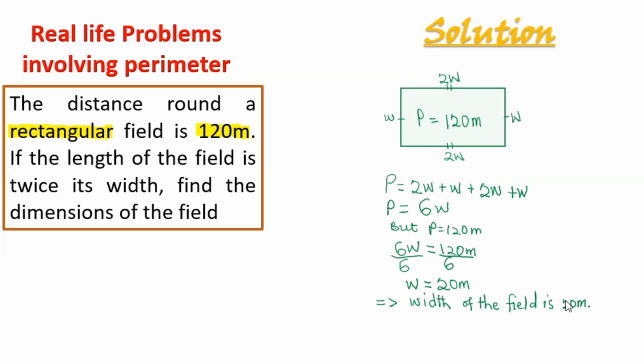Now, getting to know the width of the field, to get the length, the question tells us that the length is twice the width, and hence we know that the length will be what? 2 times the width.